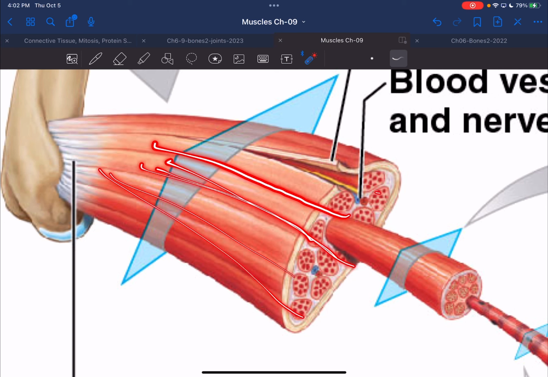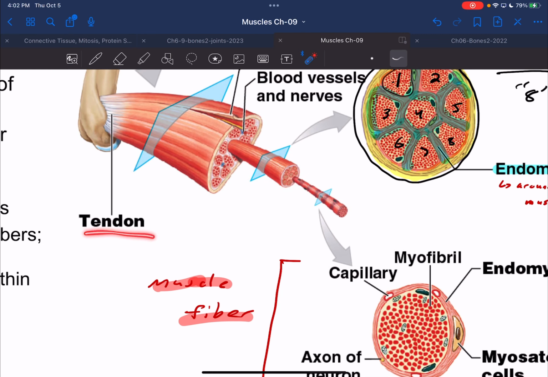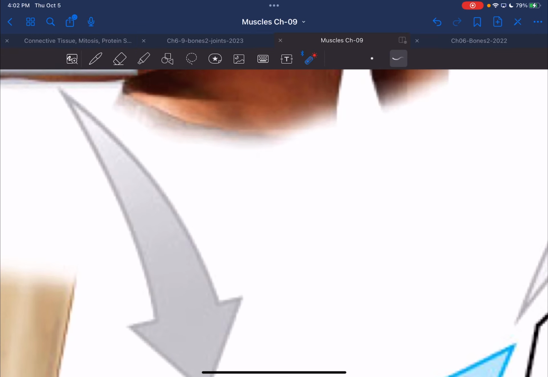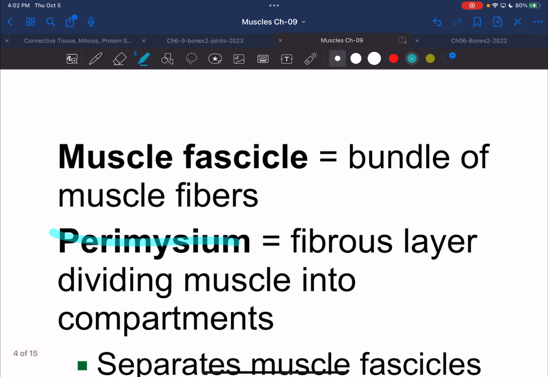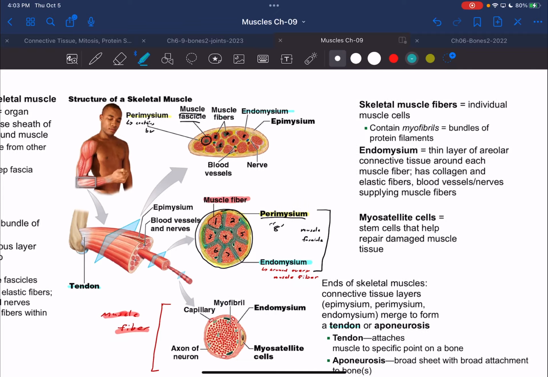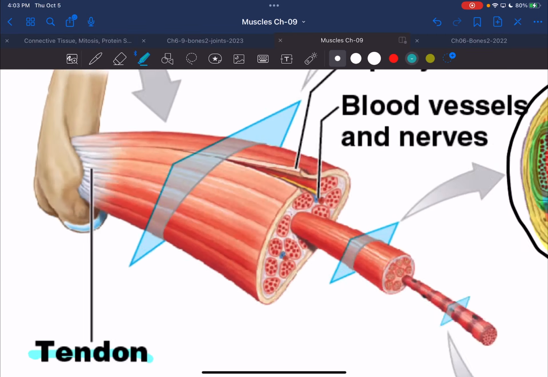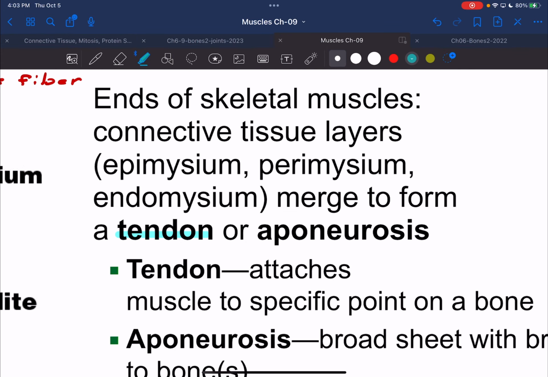They're all going to meet here and form what you know as your tendon. So the tendon is really all of these mysiums, the epimysium, the perimysium, and the endomysium, all coming together, meeting the bone and connecting to it. And that's what a tendon is.